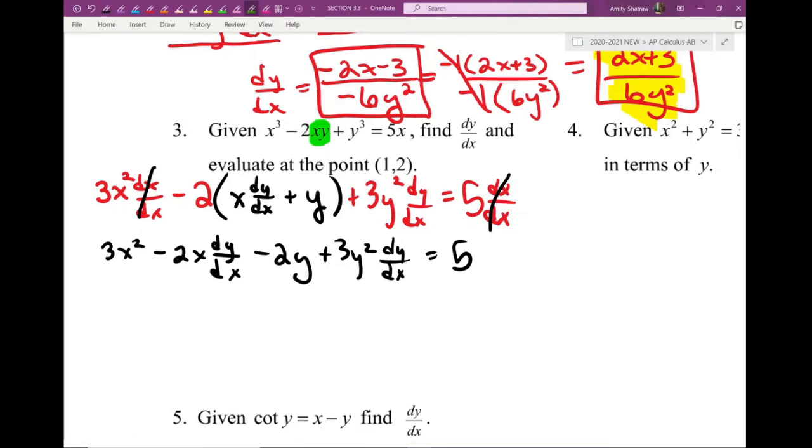Now what I want to do is I want to try to isolate my dy dx's, and they're so important to me, I'm just going to highlight them. There's one and there's another. And so the terms that are kind of in my way is this 3x squared. So I'm going to minus the 3x squared from both sides, and I have a negative 2y, so I'm going to add 2y to both sides.